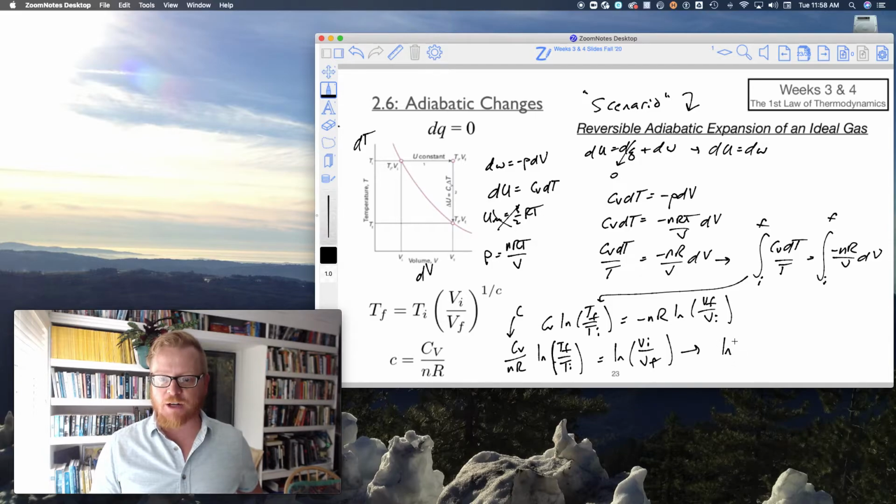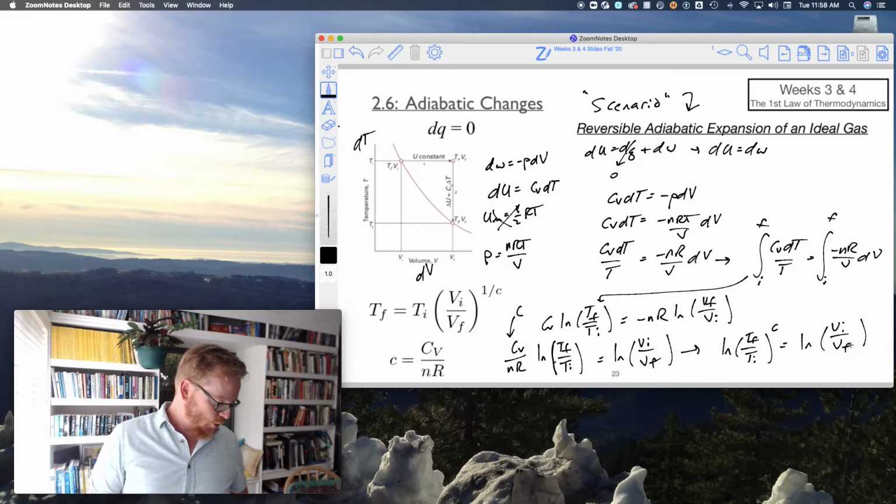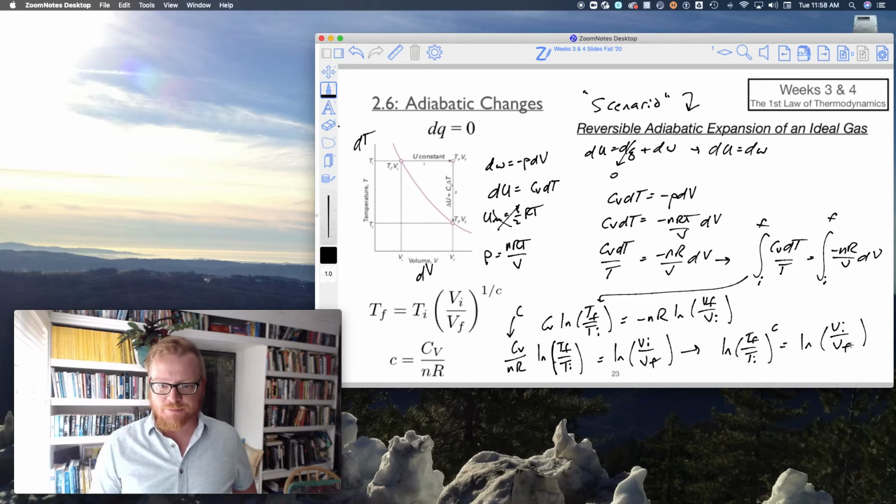So I can now say natural log of Tf over Ti raised to that constant c equals natural log of Vi over Vf. And I ran out of room. However, hopefully you can see the way this is going to go. So if I take e of both sides, then I'll get Tf over Ti equals Vi over Vf raised to that constant c.